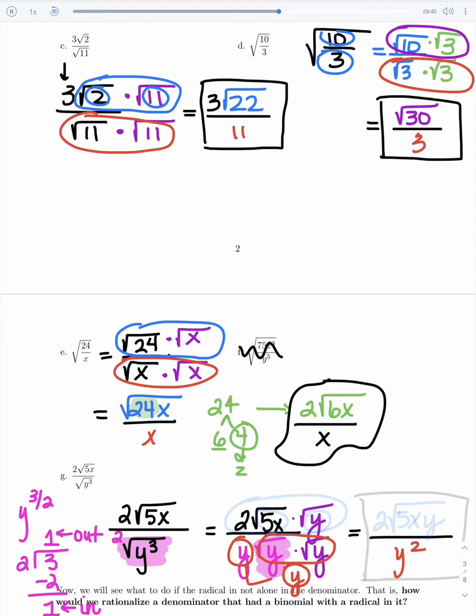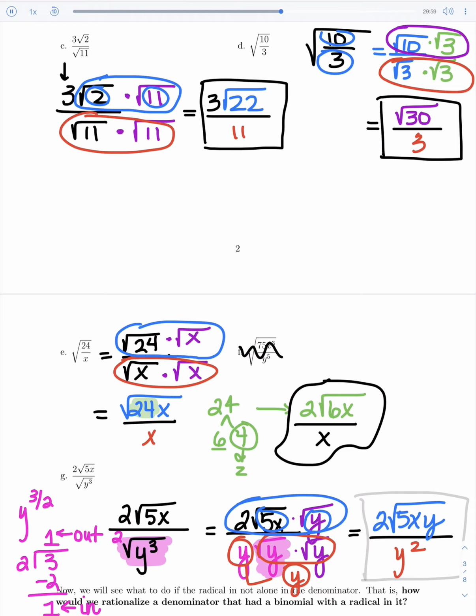Okay, what do I have on top, though? Well, I had a 2 on the outside. That'll stay outside. And on the inside, I have a 5x and a y. So I'll have that square root of 5xy.